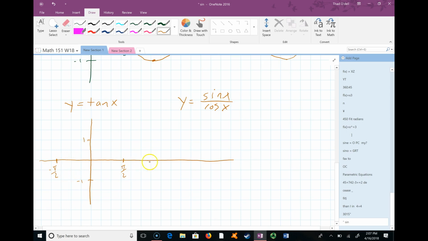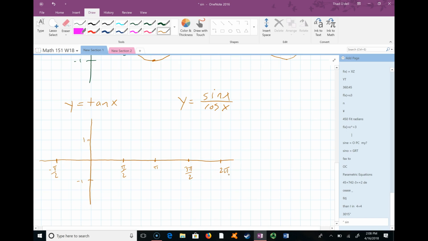Put a pi right there. Put a 3 pi over 2 and put a 2 pi.